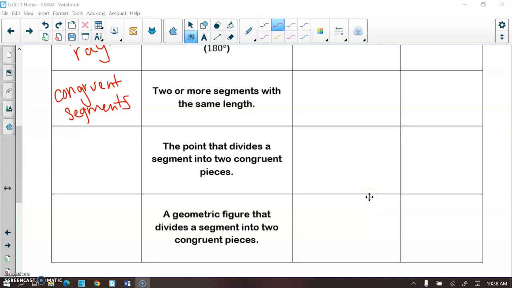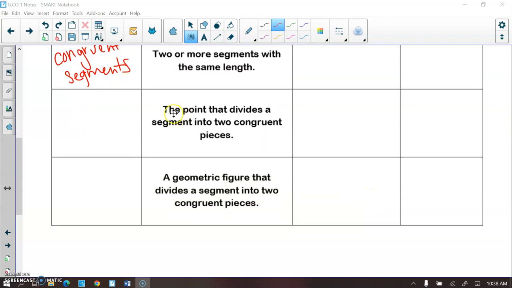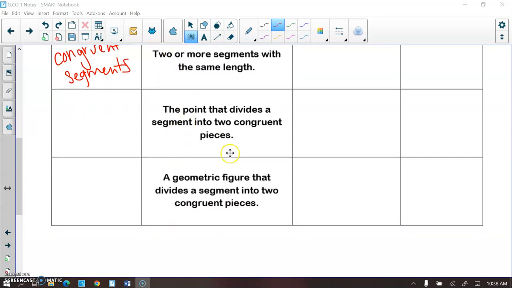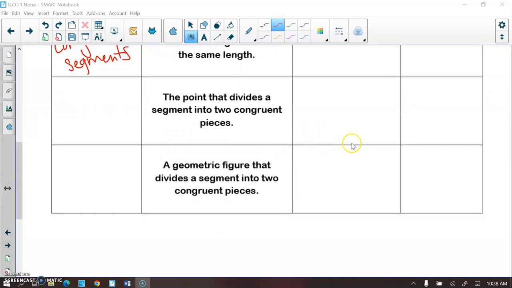Okay, so finishing up this first vocab lesson, we're going to continue on. Again, I said this at the end of the video, two or more segments with the same length are called congruent segments. The point that divides a segment into two congruent pieces is called the midpoint.